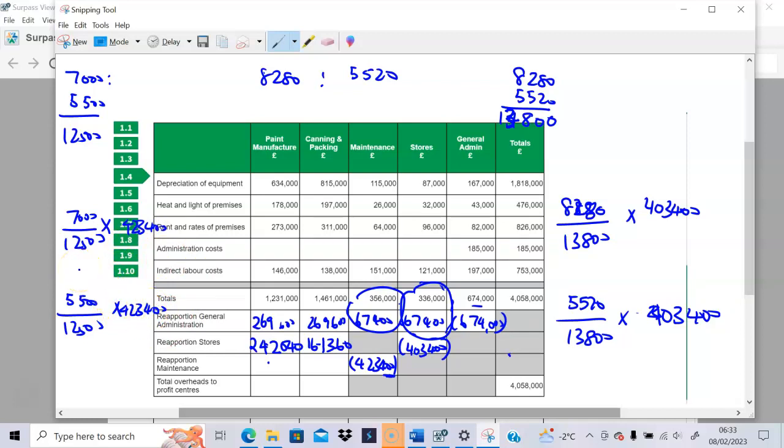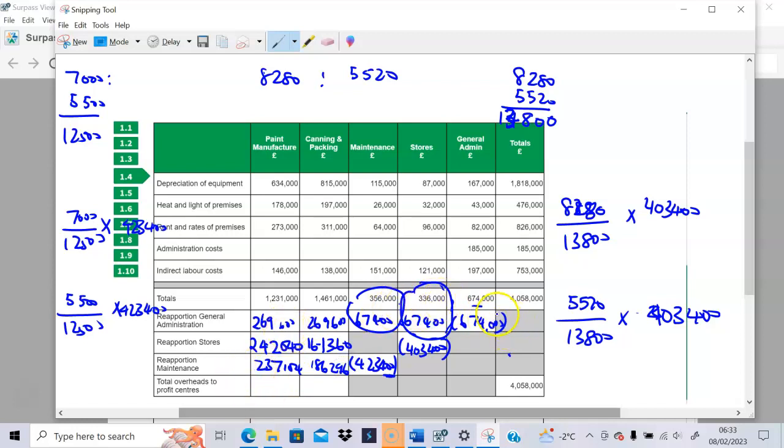So you now have 7,000 divided by 12,500 times 423,400, and here you should have 237,104. And here you will have 5,500 divided by 12,500 times 423,400, and that takes you to 186,296. Right, and there you are.